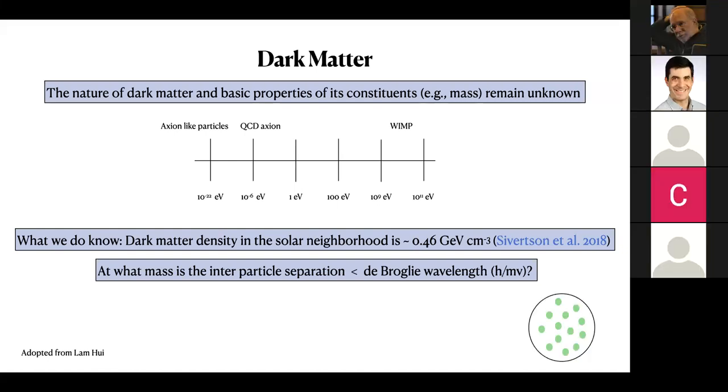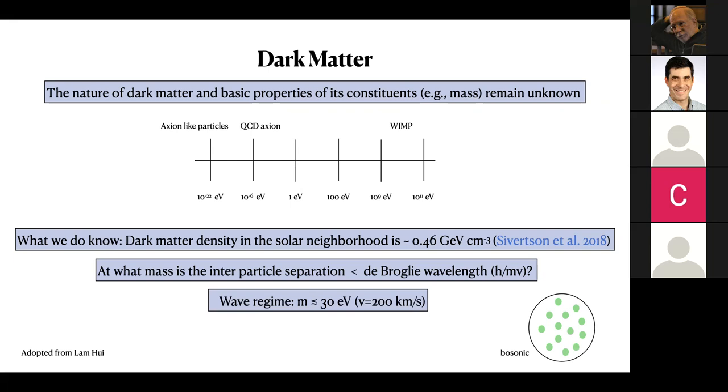So this is a cartoon that illustrates the situation. If we think about this circle here as a de Broglie volume, I'm thinking about a situation where there are many dark matter particles inside this de Broglie volume. And therefore, they have to be bosonic, and that just follows from the Pauli exclusion principle.